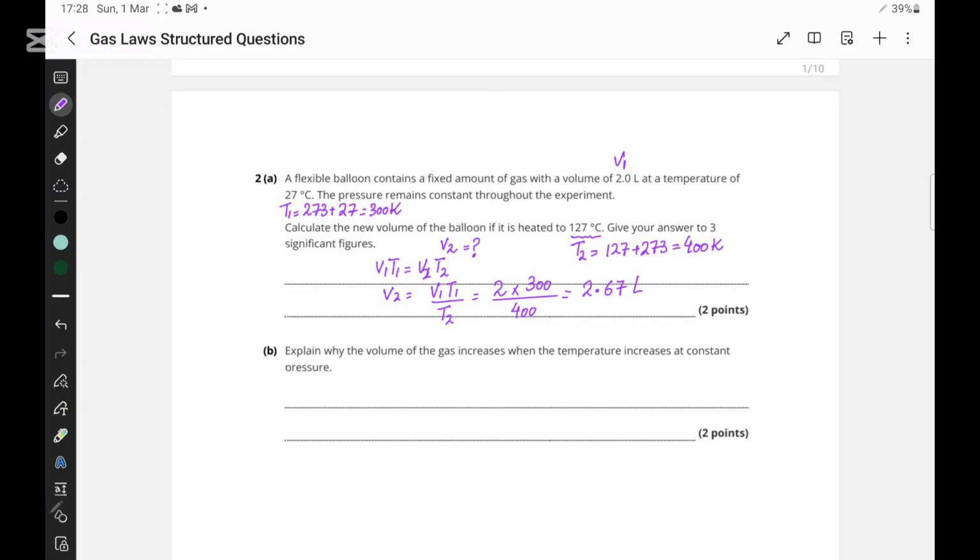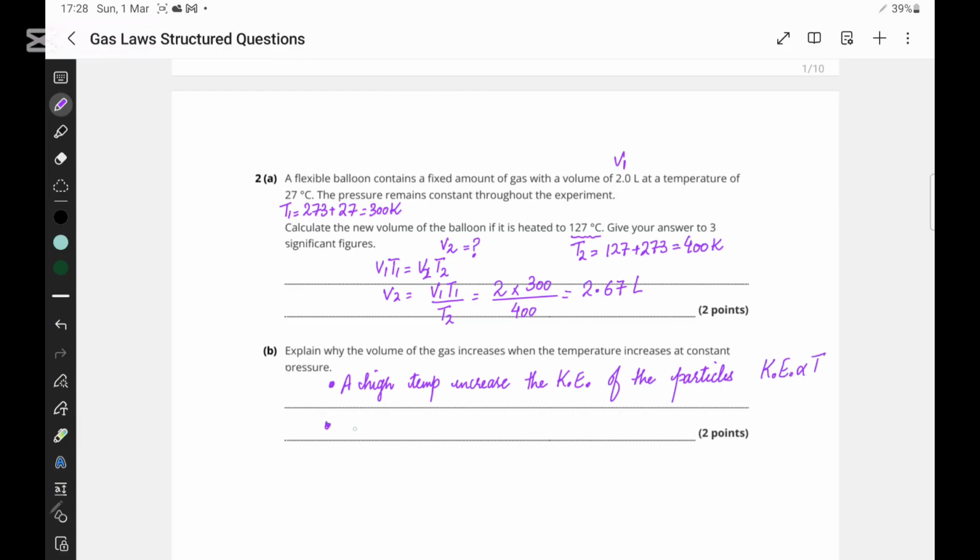They are saying explain why the volume of gas increases when the temperature increases at constant pressure. So what happens because of high temperature? A high temperature increases the kinetic energy of the particles, and kinetic energy is directly proportional to temperature.